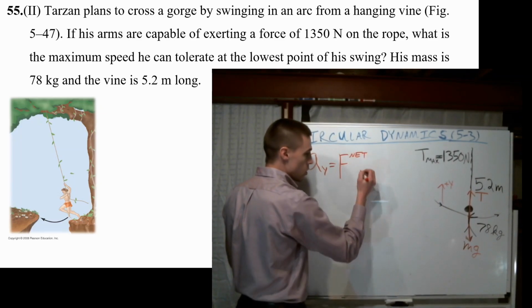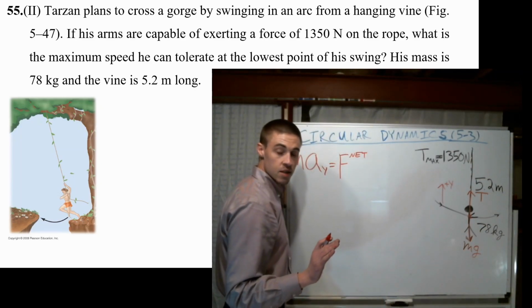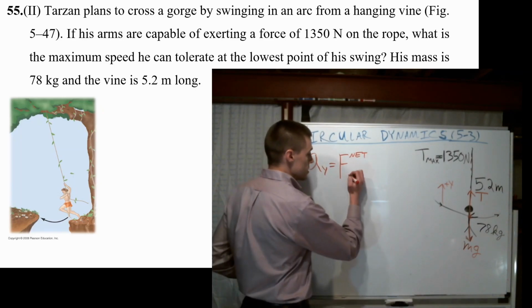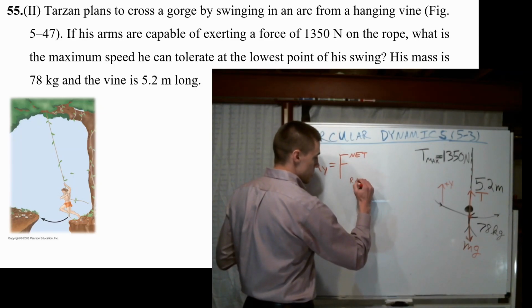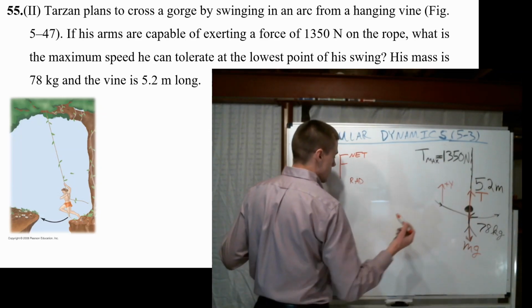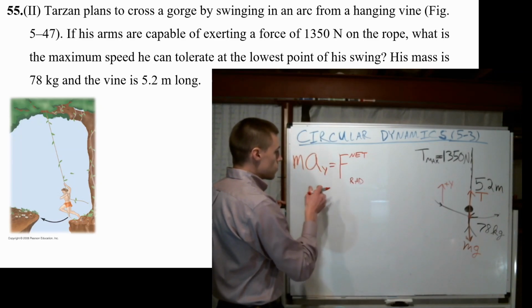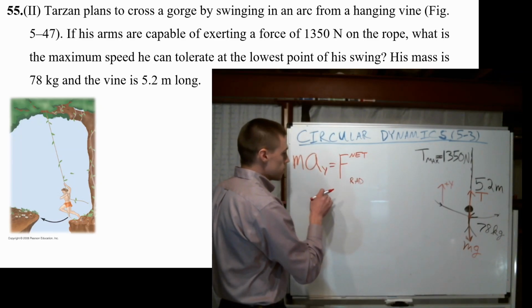We are only considering this point when he's at his lowest point in the swing, because that's the only thing needed for the problem. So this is F net in the radial direction, since at the bottom of the swing, the y direction is the radial direction.